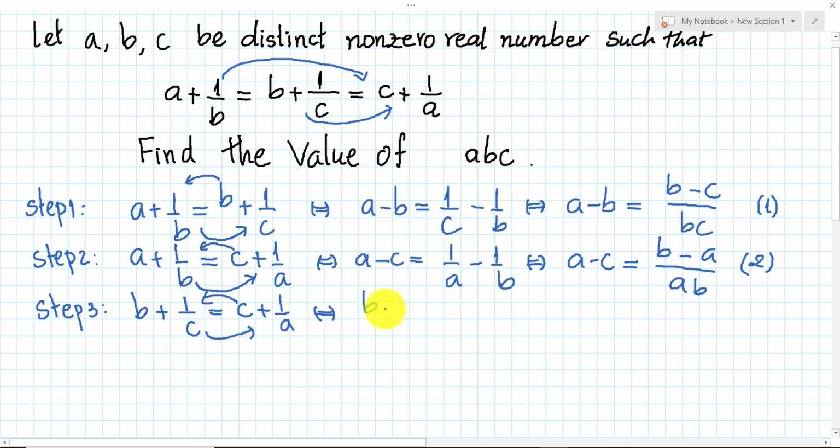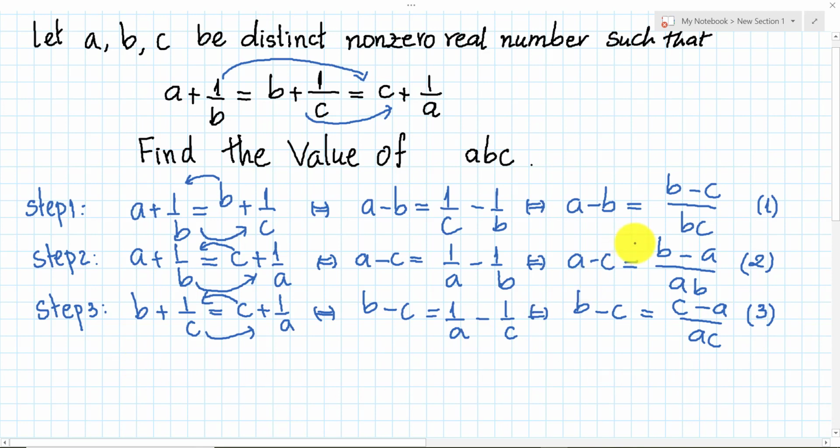We get B minus C equals 1 over A minus 1 over C. And then we get B minus C equals C minus A over AC. And I call it the third equation.